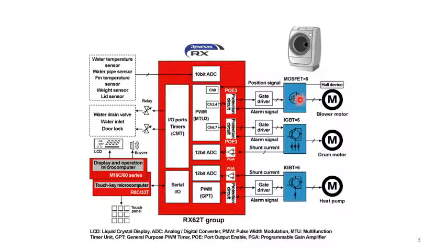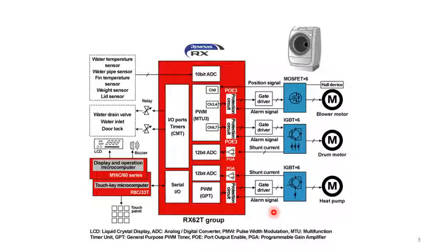Then these drivers are going to give their signal to the MOSFET, and these go to the output drivers, that is the motors like the blower motor, the drum motor and the heat pump, and their current positions are given as a feedback signal. So from here the position sensors go back again into the channels of the microcontroller.